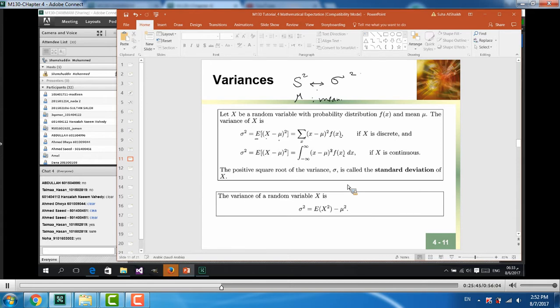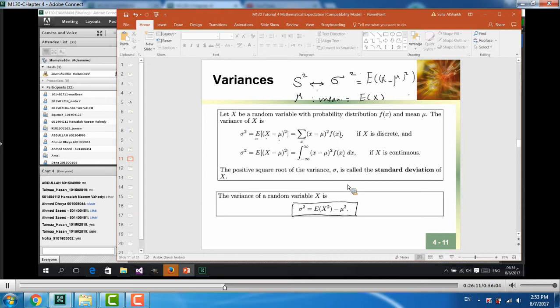What's my mu here? It's the mean that we calculated previously, right? So now we know how to find the mean. The mean is nothing but the expectation of x. Okay? So the variance here is defined to be the expectation of (x minus mu) squared.